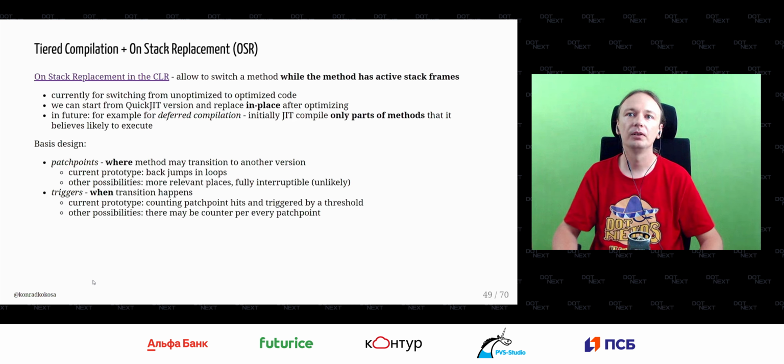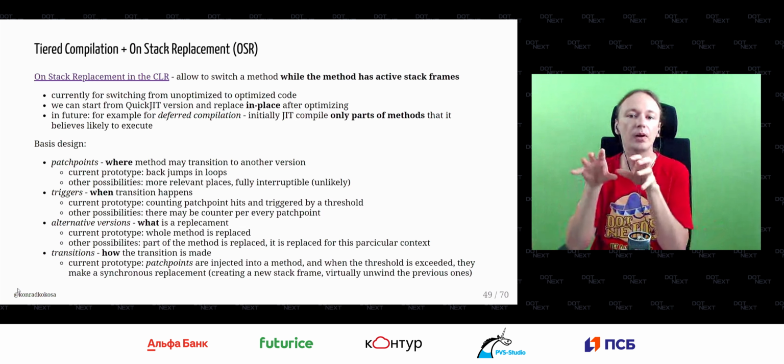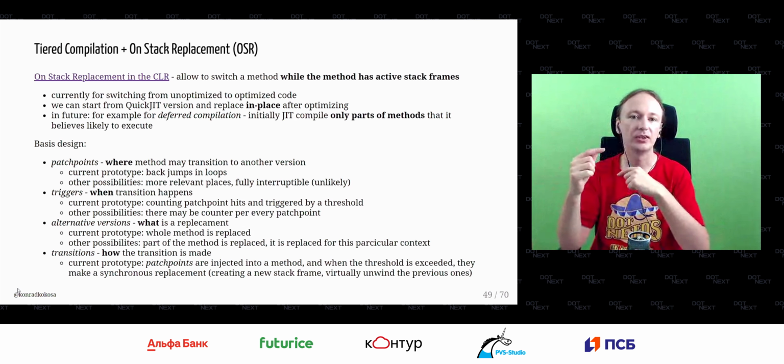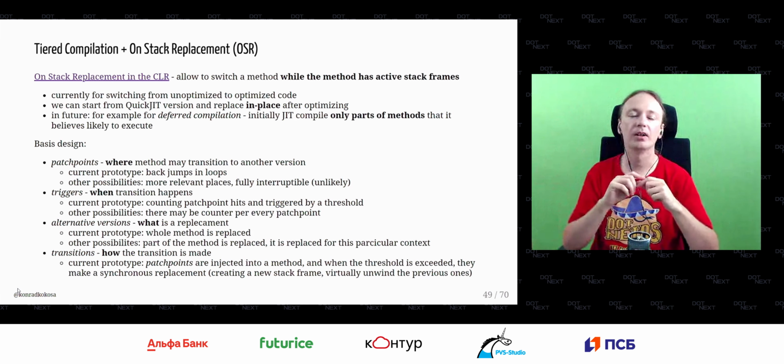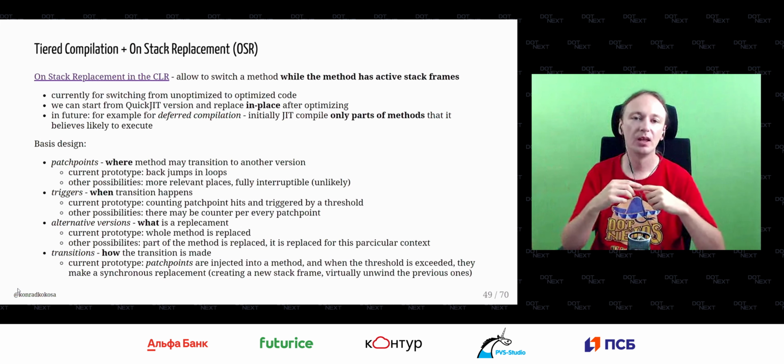We have here a set of decisions about how it works. For example, what are the touch points where that transition can happen between the unoptimized version and the optimized one. Currently, it was decided it will be on loops, when the loop is making a back jump.